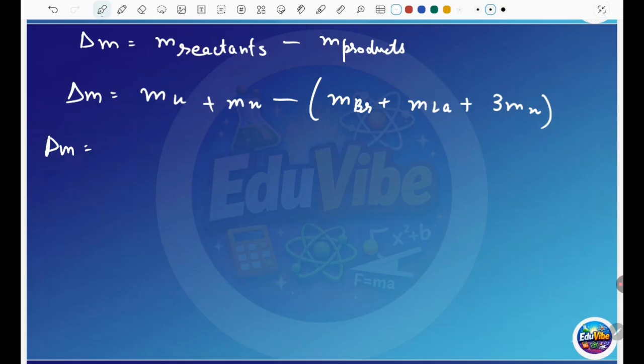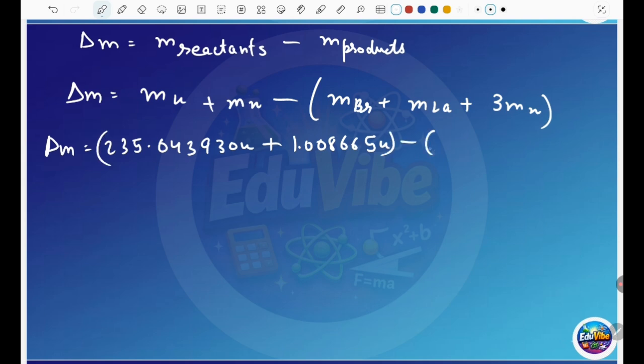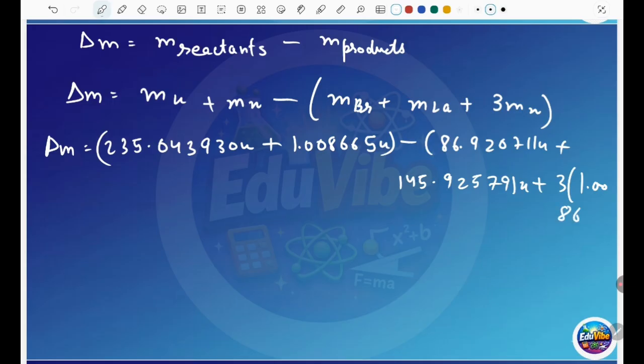So the mass of the uranium is 235.043930 U plus the mass of the neutron is 1.008665 U, minus the mass of the bromine is 86.920711 U plus the mass of the lanthanum is 145.925791 U plus 3 times 1.008665 U, the mass of the neutron.